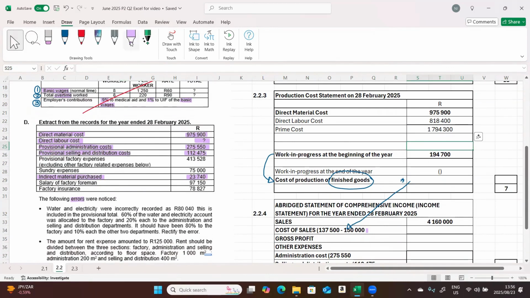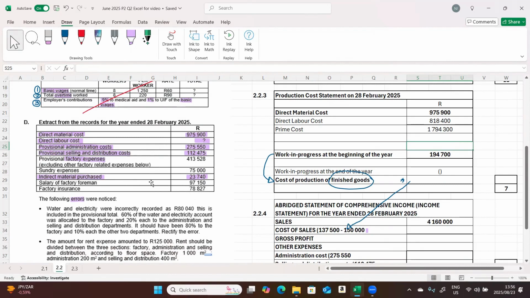Guys, now we work with the word factory expenses: provisional factory expenses, excluding other factory-related expenses below. So they say there are other factory expenses over here. This is the total factory expenses, excluding the ones that we see below here.